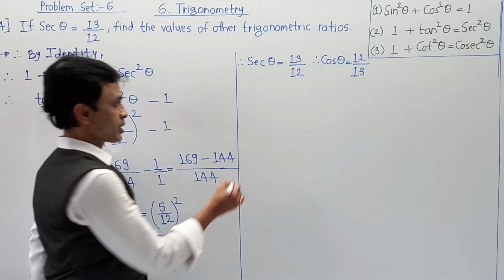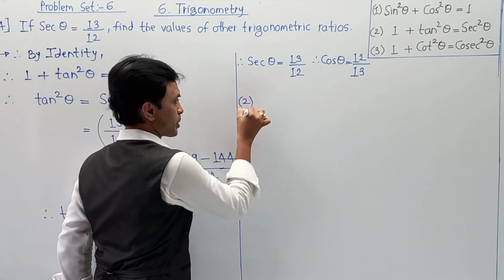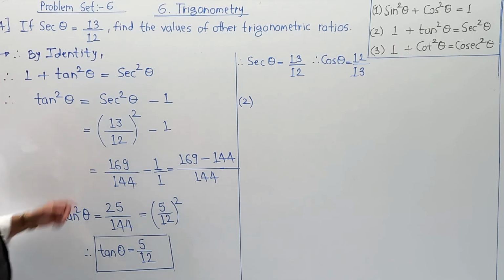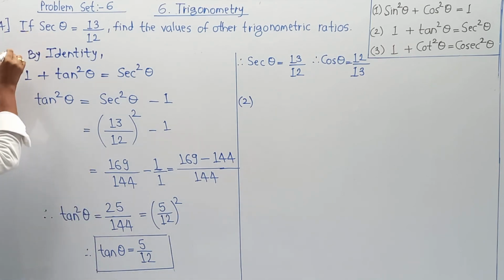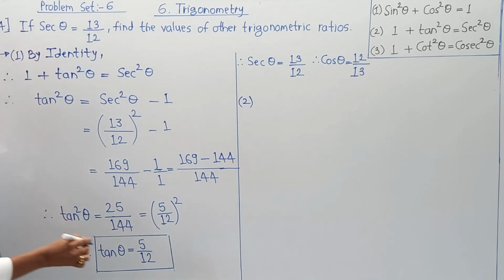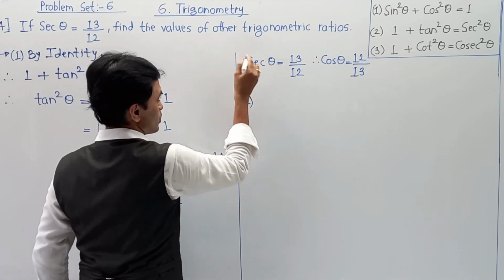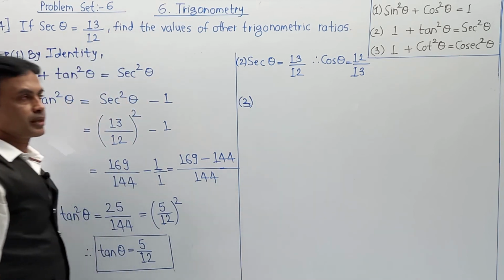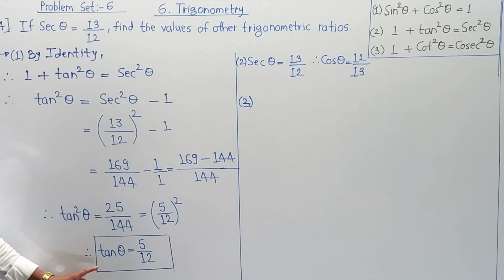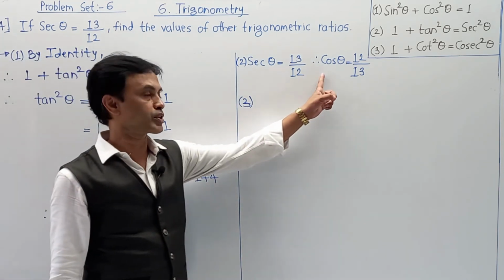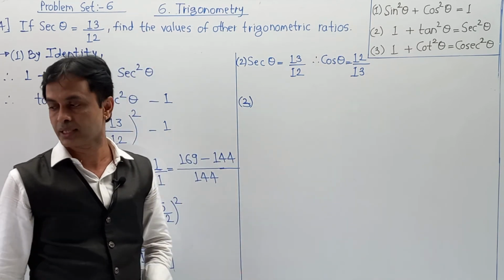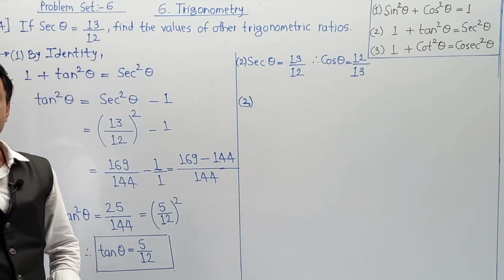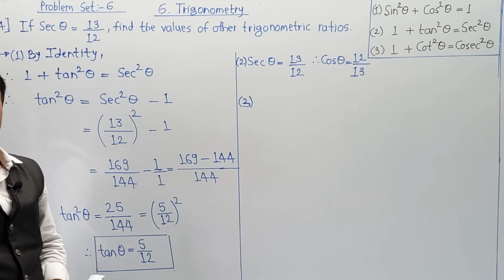How? Pay attention. I am going to start a second part over here, so I am writing the number 2. Give the first part as 1 and this part as number 2, so automatically you can give the next as 3. Now we have tan theta, we have cos theta, and we know one fundamental relation: sin theta upon cos theta is equal to tan theta.